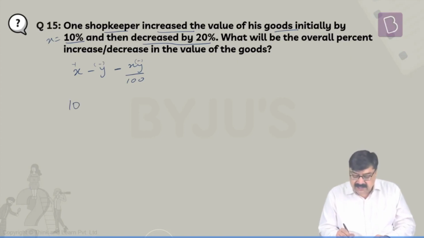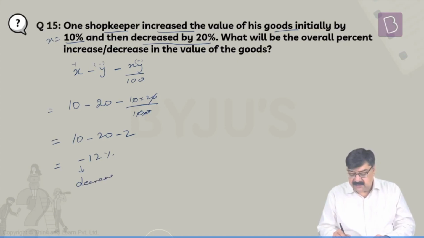So 10% increase and then 20% decrease. So minus 10 into 20 by 100, zeros get removed. So this shall be 10 minus 20 minus 2, which is minus 12%, and this indicates a decrease. So a decrease of 12% is what we get on the value of the goods.